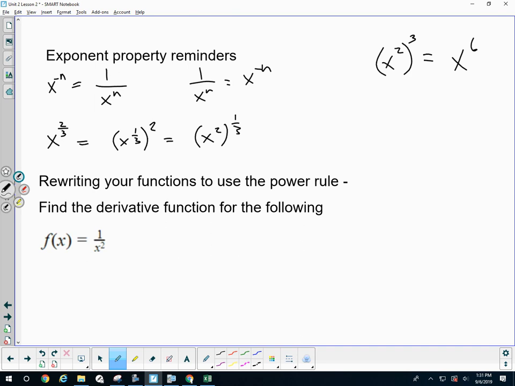You can write it using roots as well. This one is the cube root of x squared, or what you frequently see is x squared cube rooted. These are all the same.